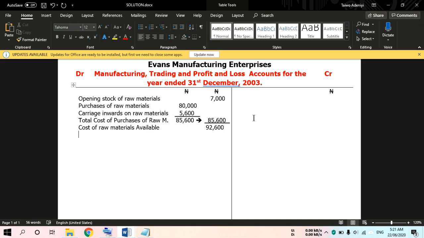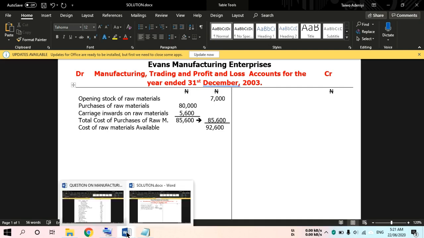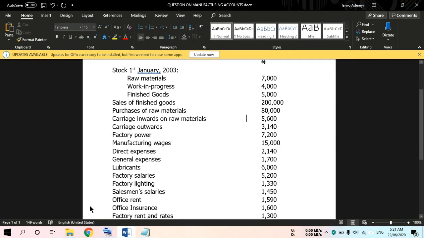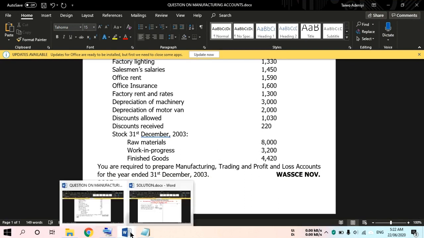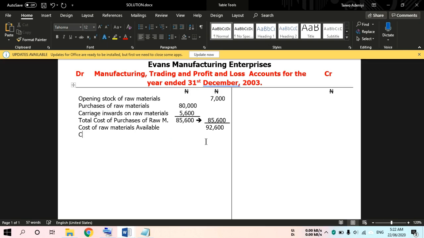The next is to look for your closing stock. Your closing stock of raw materials should be down, and that is 8,000 naira. Closing stock of raw materials, we'll put it in brackets because we are subtracting it from the cost of raw materials available, 8,000 naira.